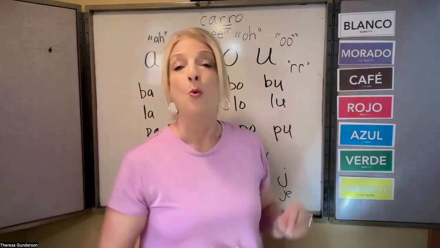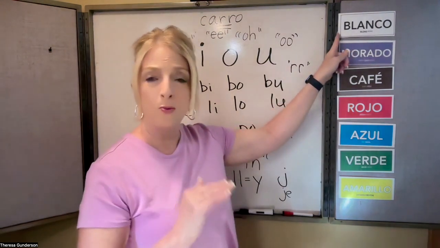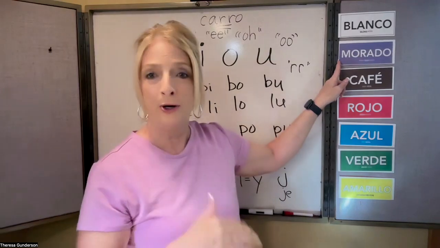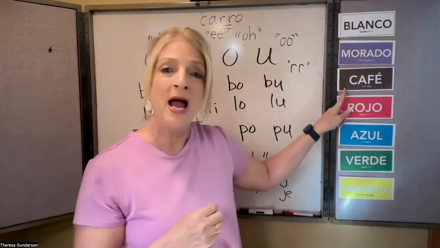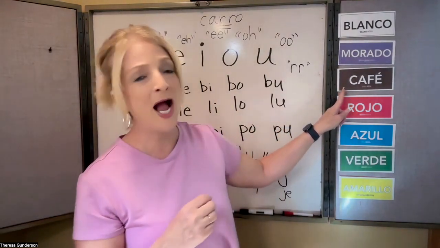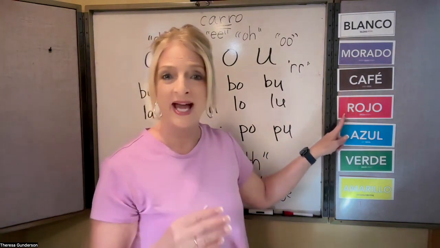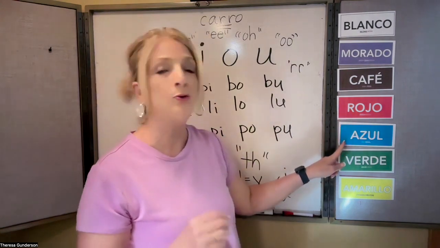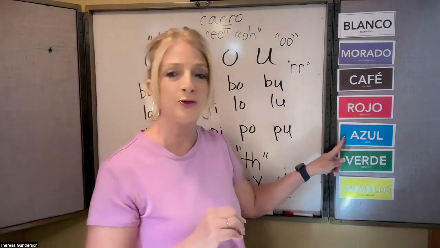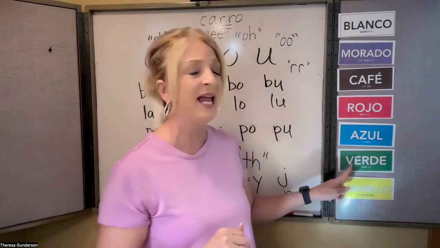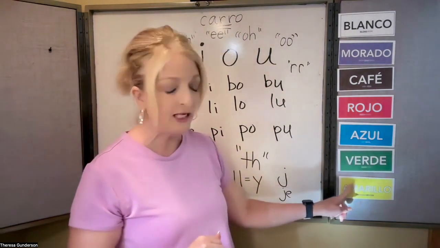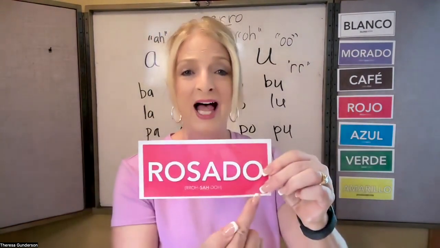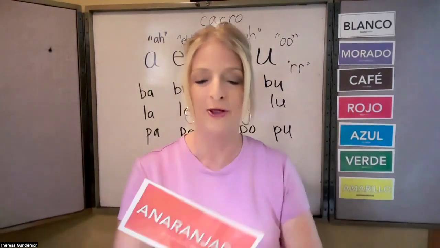White is blanco, white is blanco, purple is morado, purple is morado, brown is café, brown is café, red is rojo, red is rojo, blue azul, blue azul, green is verde, green is verde, yellow amarillo, yellow amarillo, pink rosado, pink rosado.